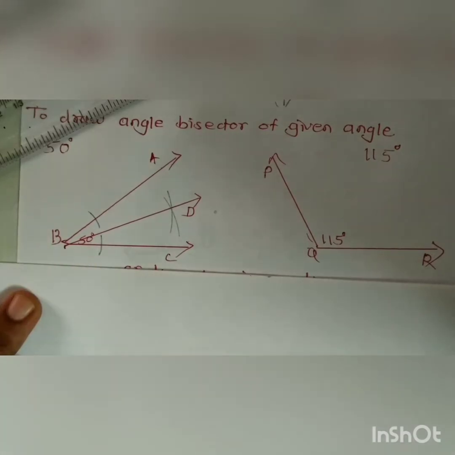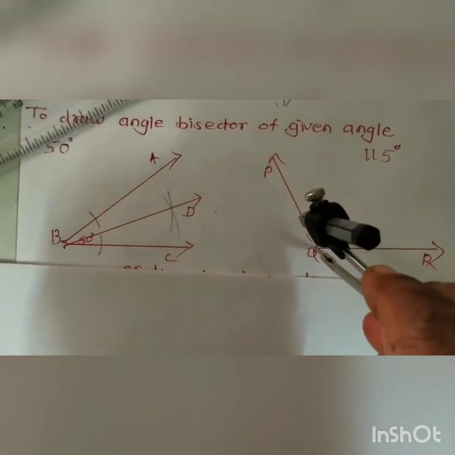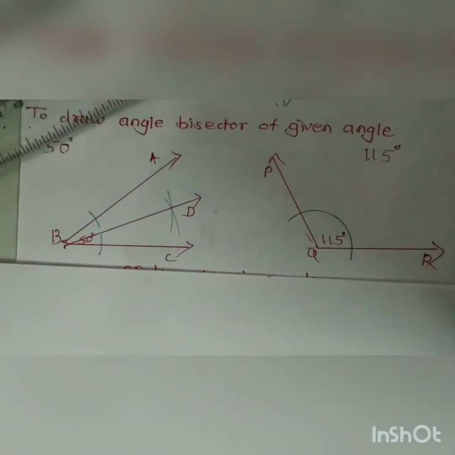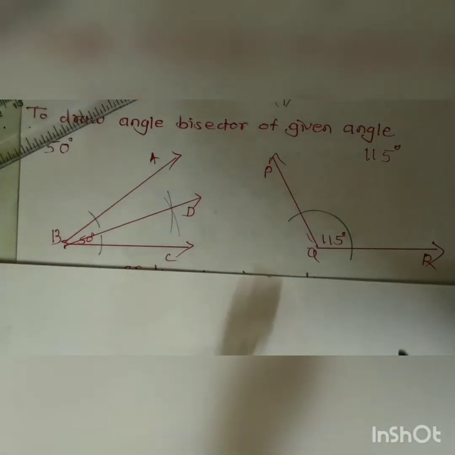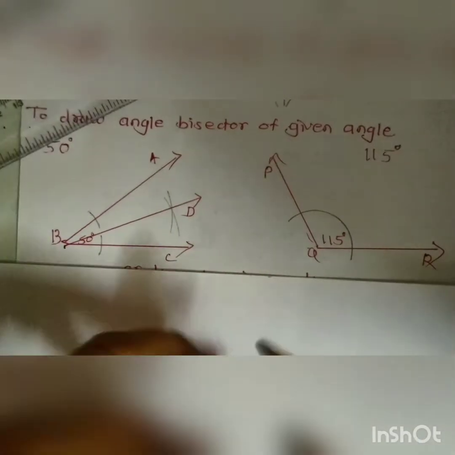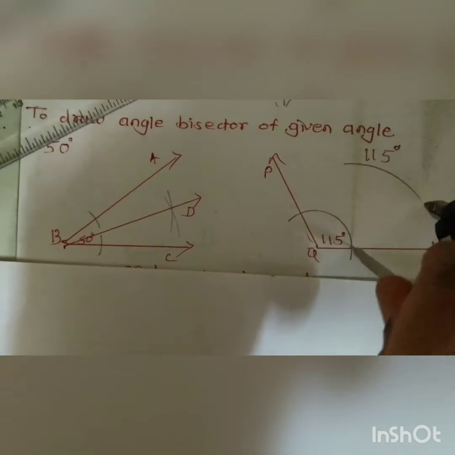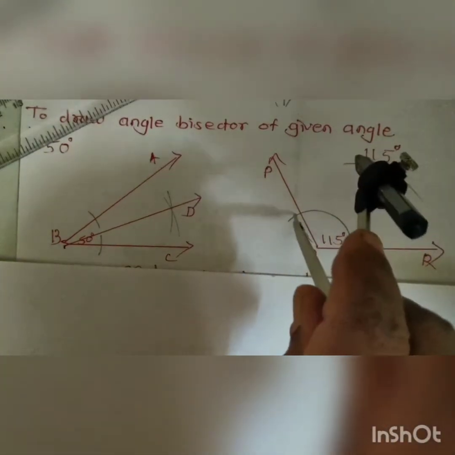Now we are bisecting angle PQR. Q is the vertex, therefore put the compass on Q this way. We make arcs here. Again, see the arc carefully. By taking a proper distance, putting the compass here, again draw an arc inside the interior of the angle.